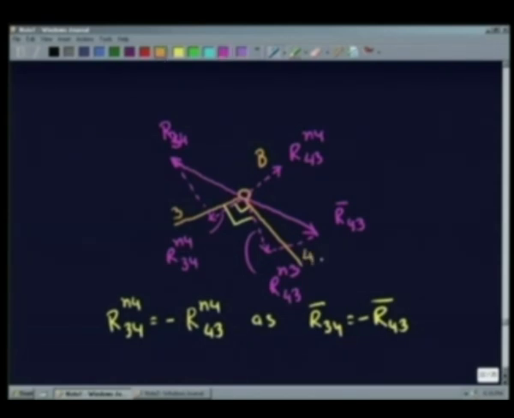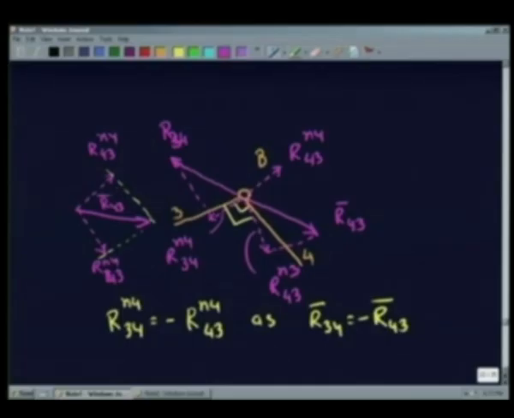So if we know the components of a vector in two different directions, this is R43 normal to 3 and this is R43 normal to 4. So the vector will be nothing but, if you draw perpendicular from the tips where they intersect, this must be the vector R43.